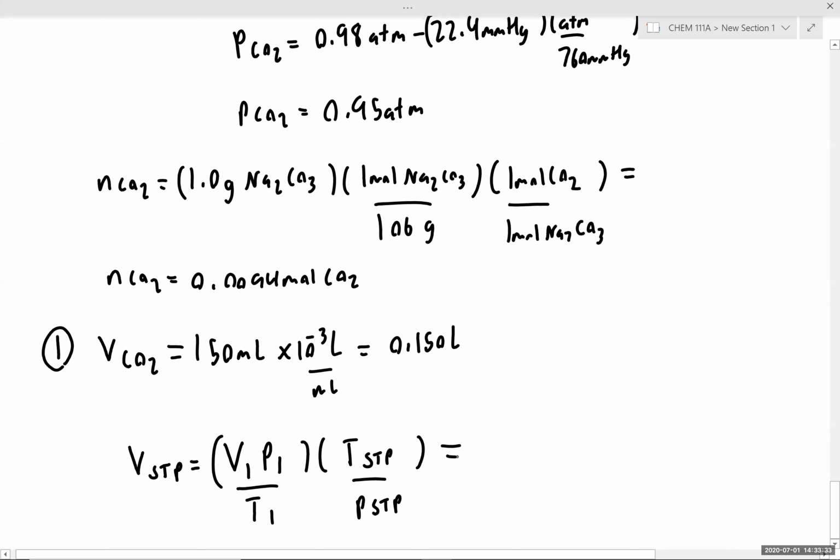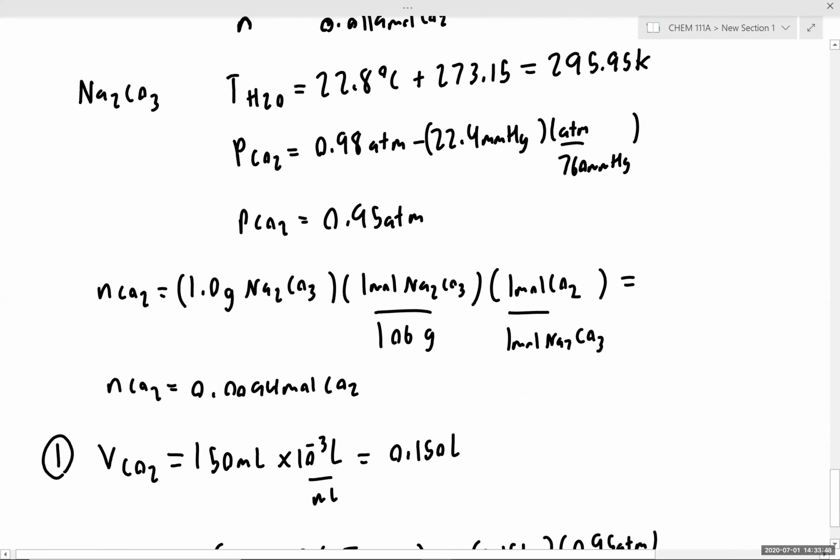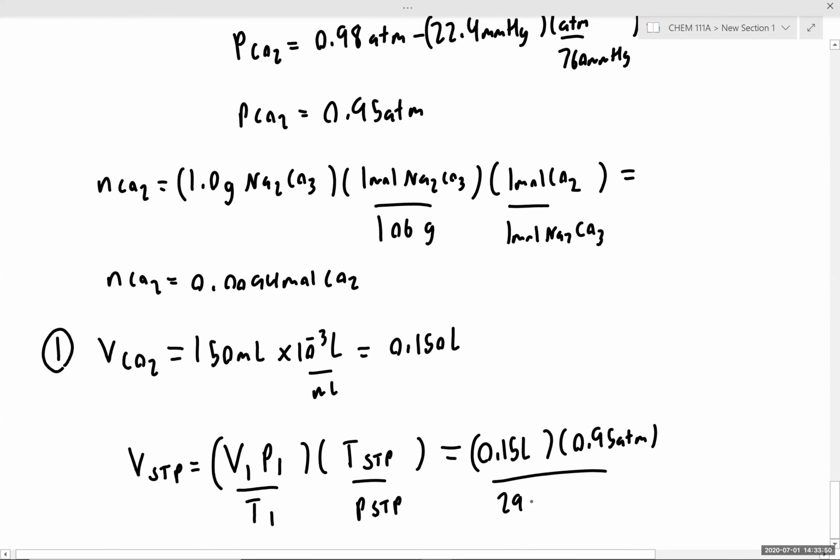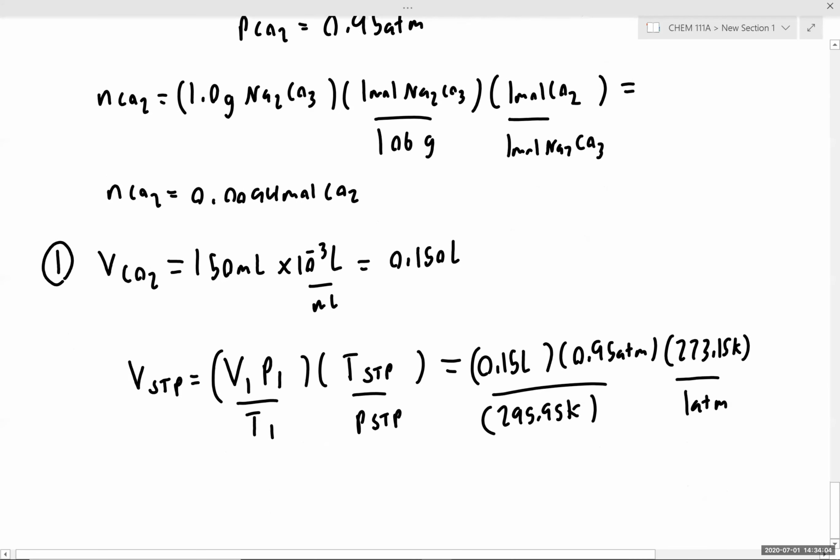So plugging in numbers, we have 0.15 liters times 0.95 atmospheres over, let's look up the temperature, 295.95 Kelvin times the temperature at STP, which is 273.15 Kelvin, over the pressure at STP, which is 1 atmosphere.